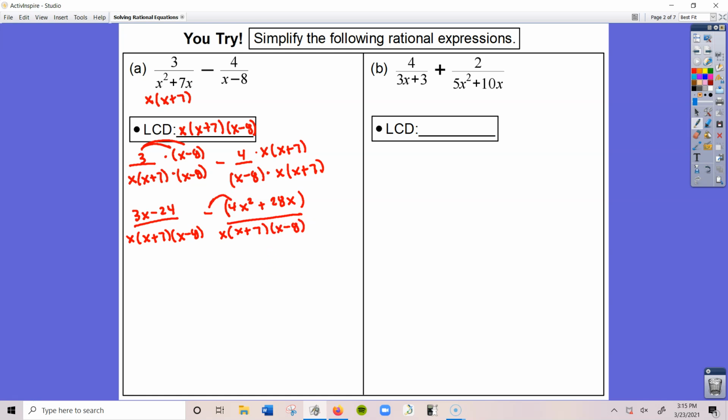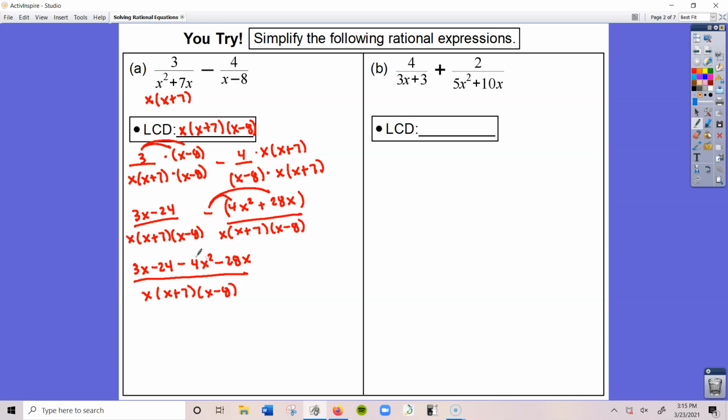Now we distribute the negative, so we get 3x minus 24 minus, now I'm going to distribute, so 4x squared minus 28x all over x times x plus 7 times x minus 8.